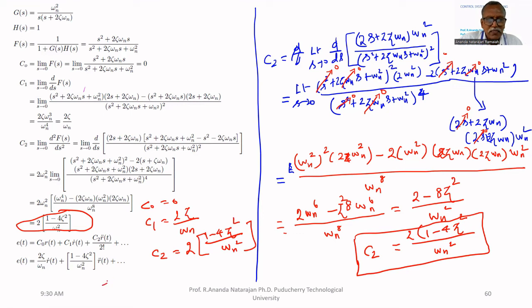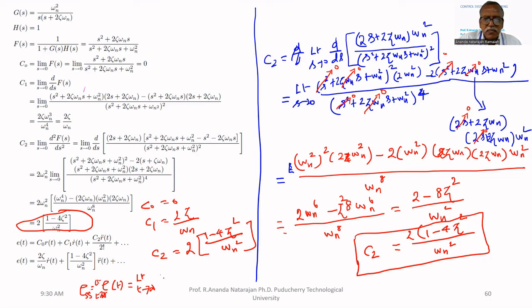Therefore, the error series: E steady state equals limit t tends to infinity of C0 r of t, and C0 equals 0, therefore no first term.